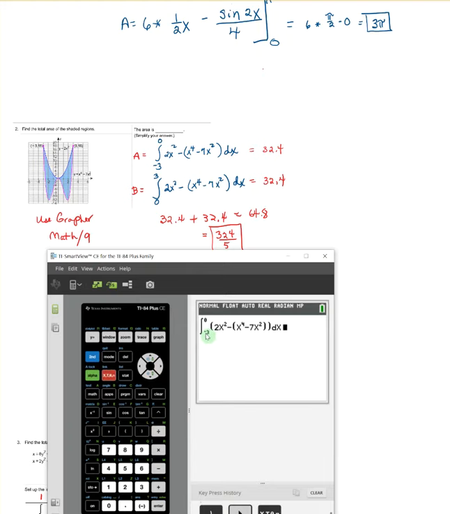We filled in this box with the whole function, and an x goes here. We hit enter. If you do that for the other one as well, you get 32.4.